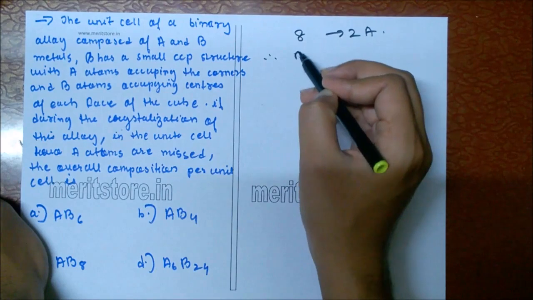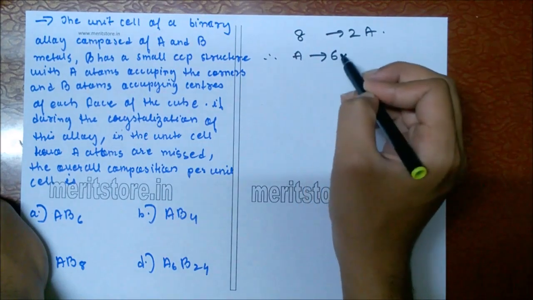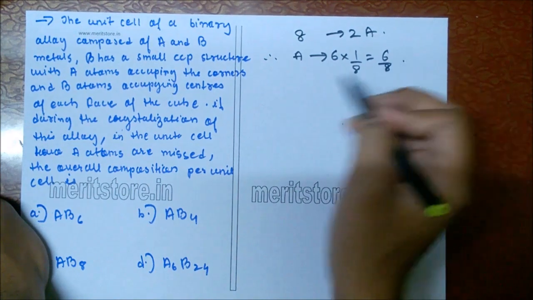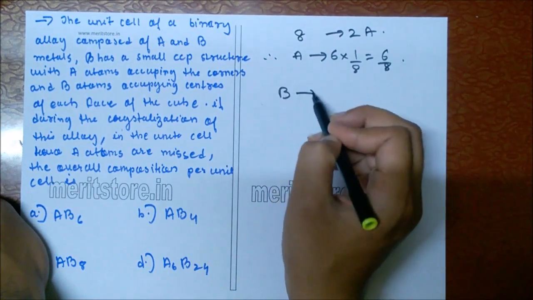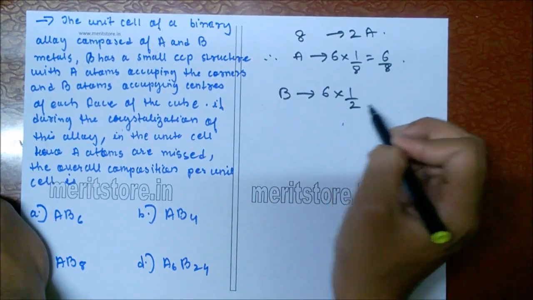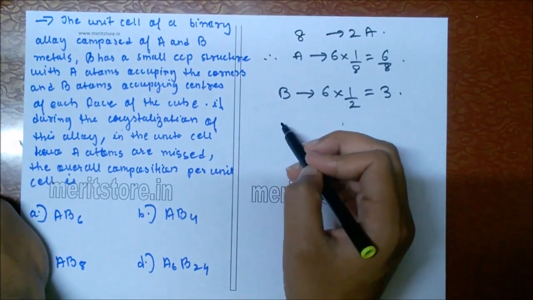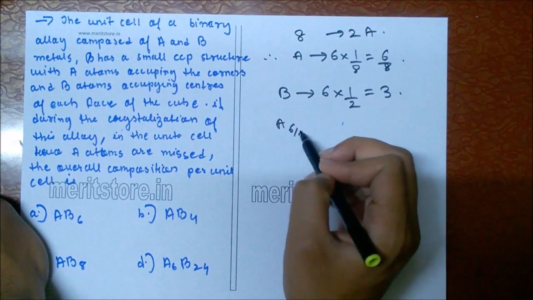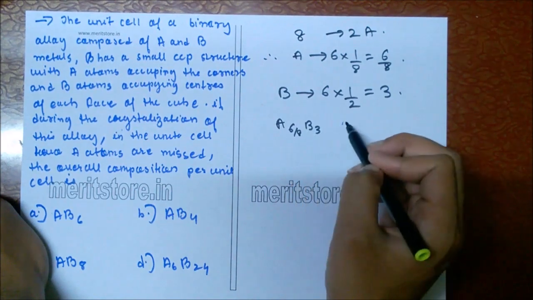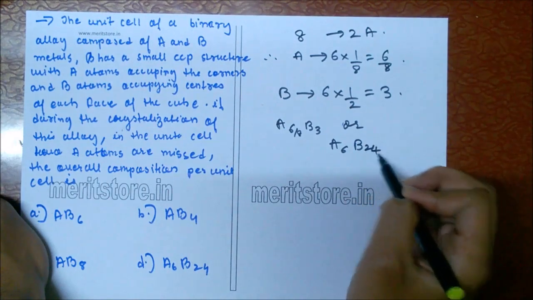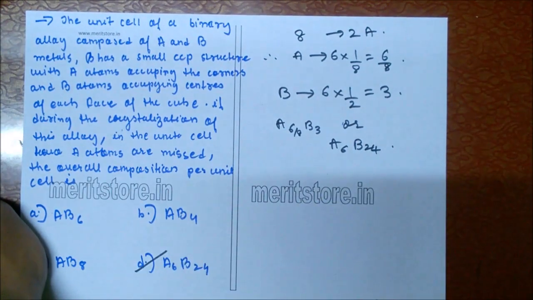Therefore, A is equal to 6 into 1 by 8, which is 6 by 8. B is equal to 6 into 1 by 2, which is face centered, which is equal to 3. So, we can write this as A 6 by 8, B 3, or we can write this as A6 B24. Option D is the correct answer.